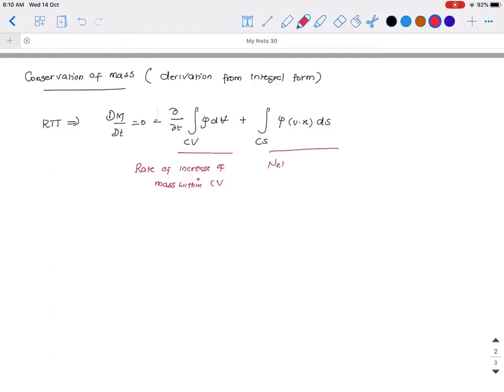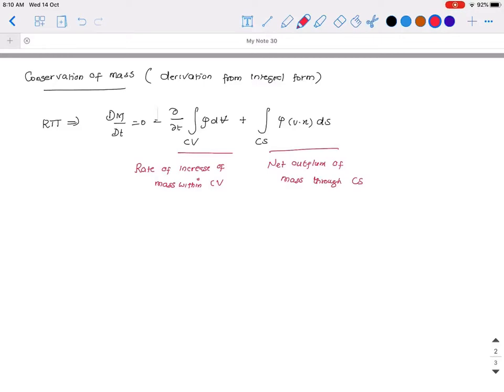This is the net outflux of mass through control surfaces.